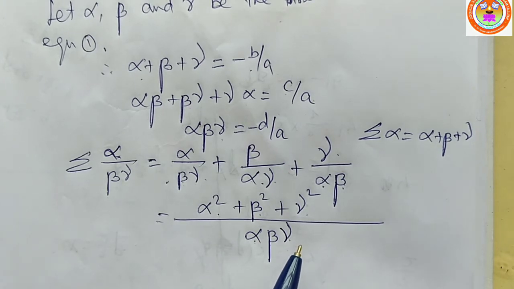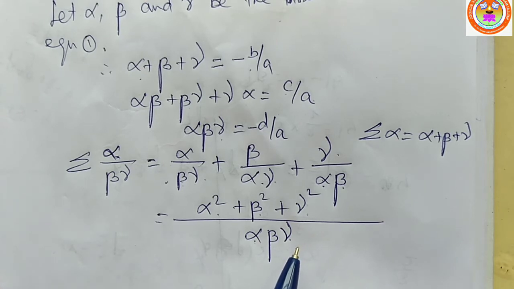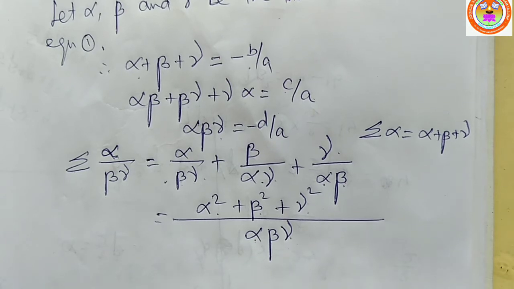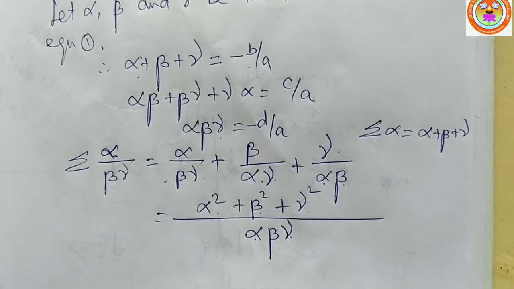See, already we have solved question number 5. In the first question number 5, we have used this formula, that is alpha square plus beta square plus gamma square plus delta square is equal to alpha plus beta plus gamma plus delta the whole square minus 2 into alpha beta, beta gamma, gamma delta plus delta alpha, right?